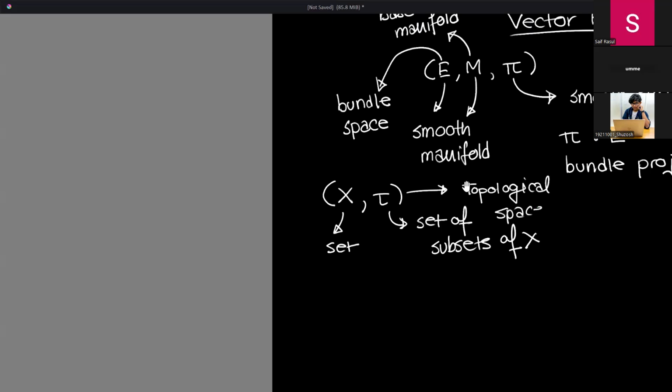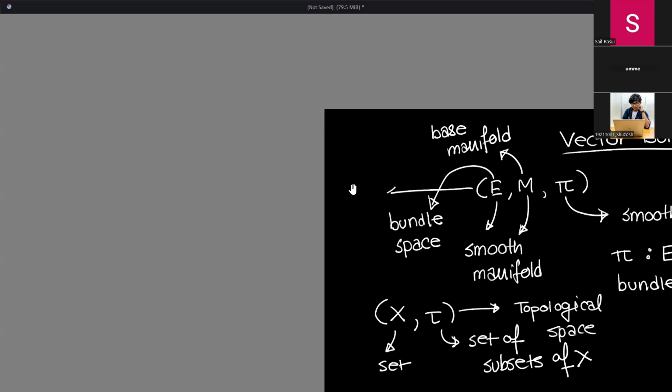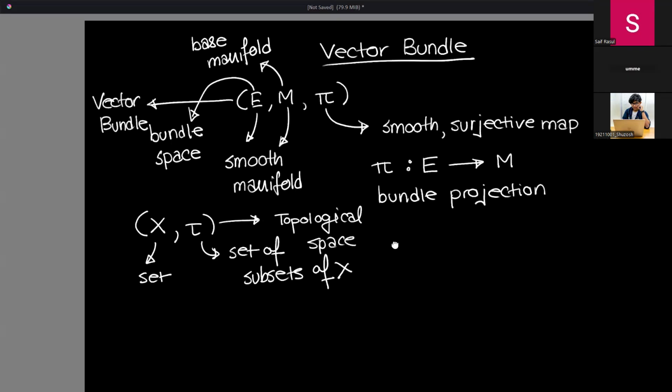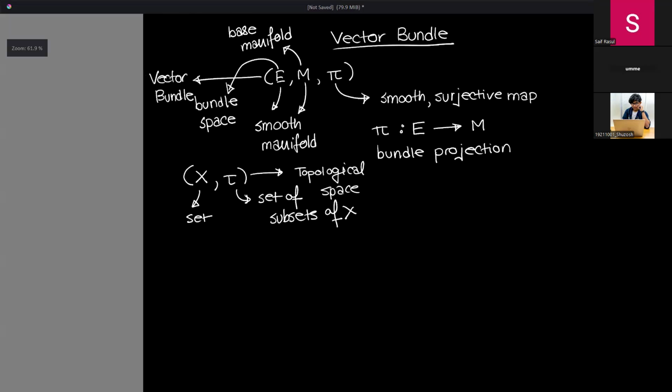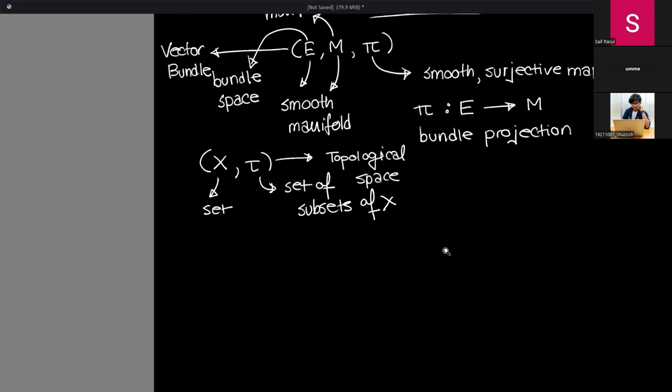Similarly, this whole thing together is called a vector bundle. And it maps onto what we were calling a vector bundle in our intuitive idea as well. So we'll look into this. There are a few conditions that we have to meet in order for this to be called a vector bundle. And we'll look at that.